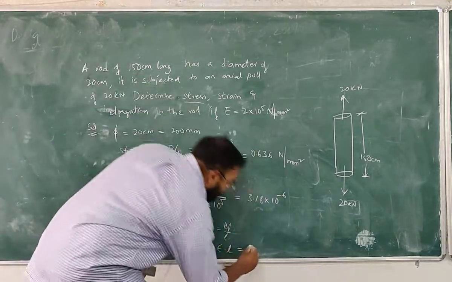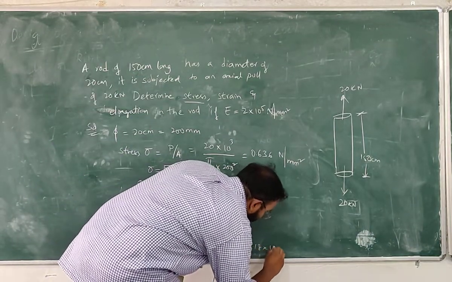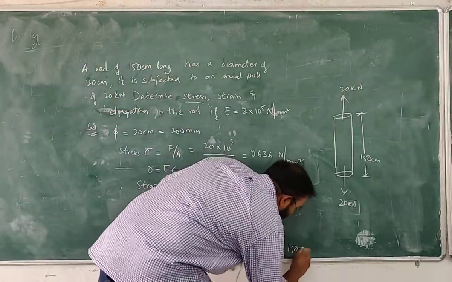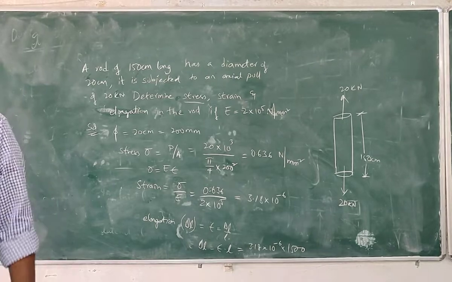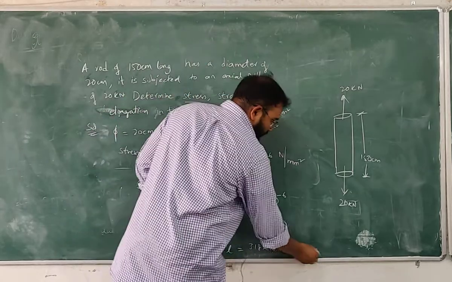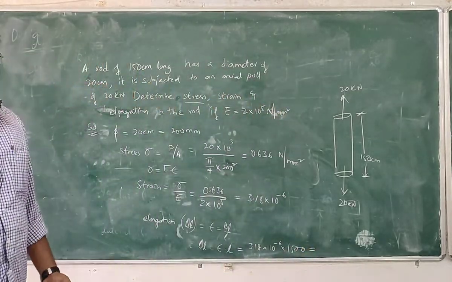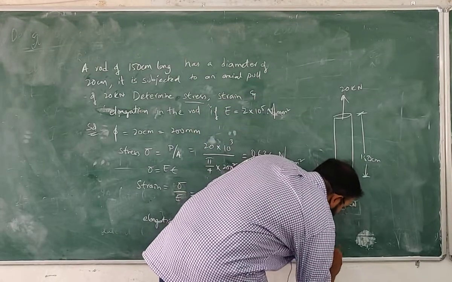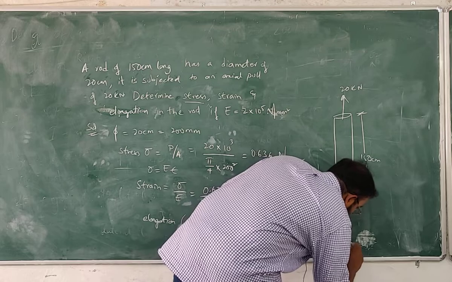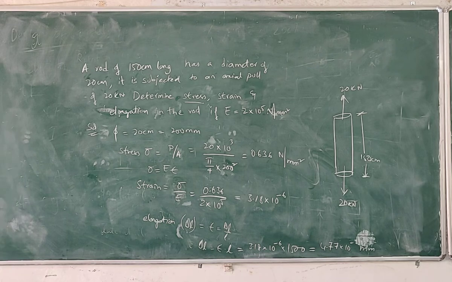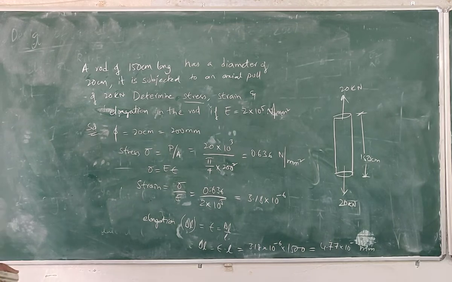So 3.18 into 10 power minus 6 multiplied by length, 150 centimeters, 1500 millimeters. It is 4.77 10 power minus 3 millimeter.